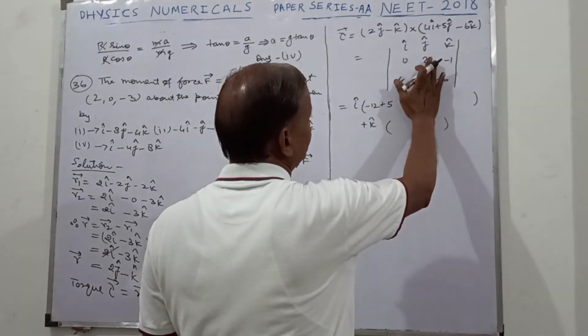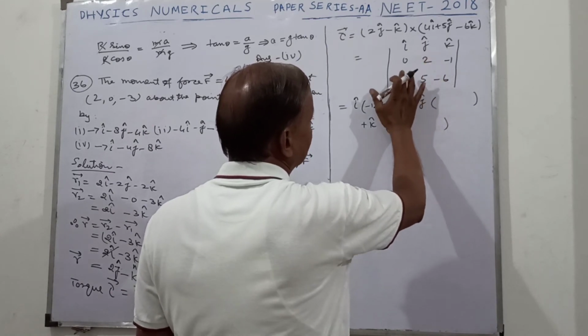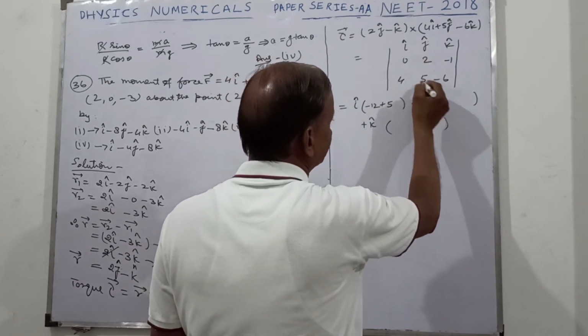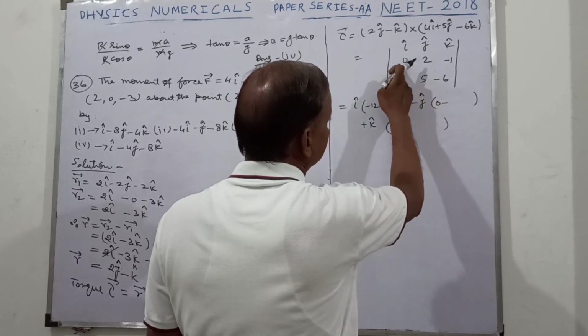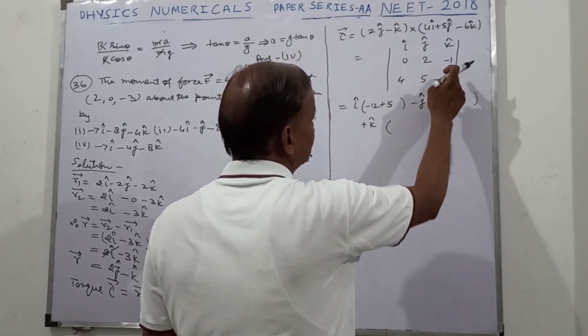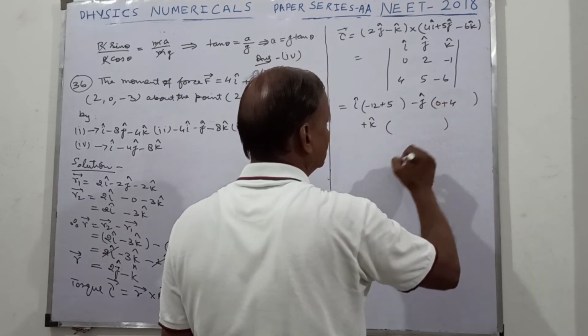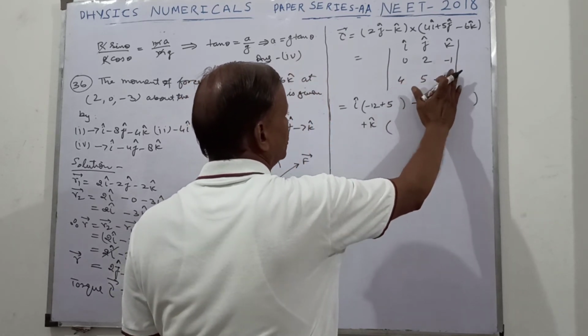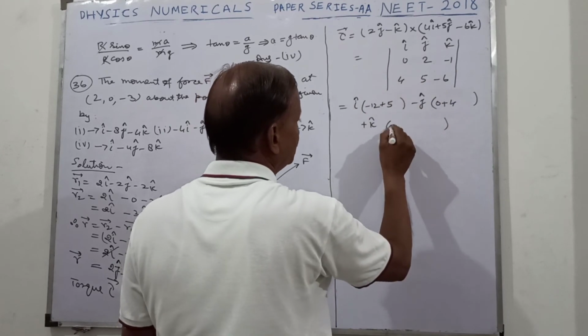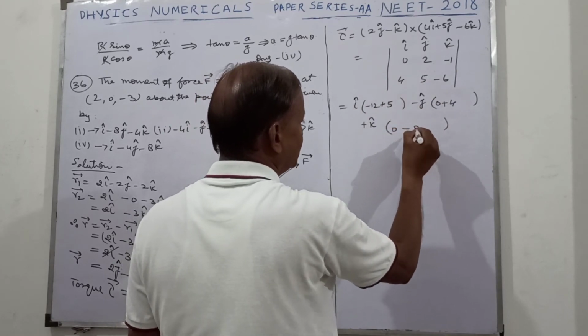For j, we take the minus sign: 0 times minus 6 is 0, then minus 4, so this is plus 4. For k, we get 0 minus 8.